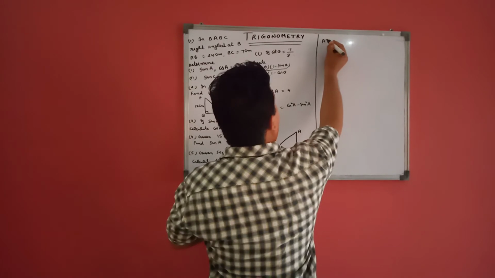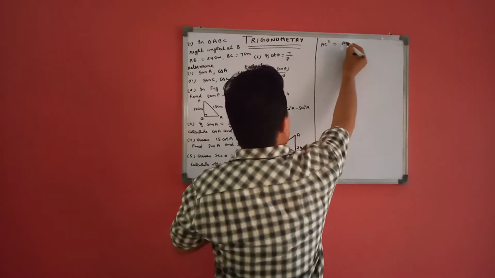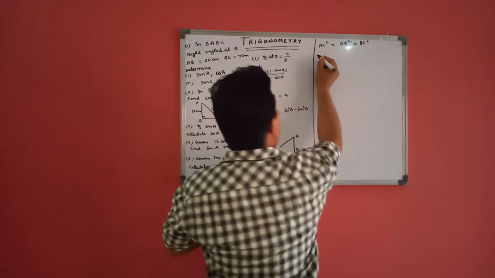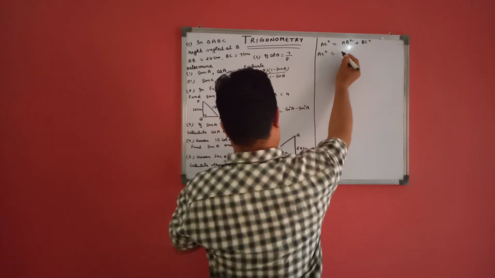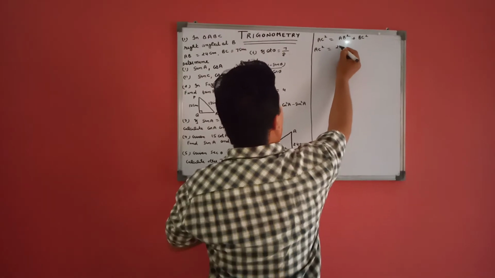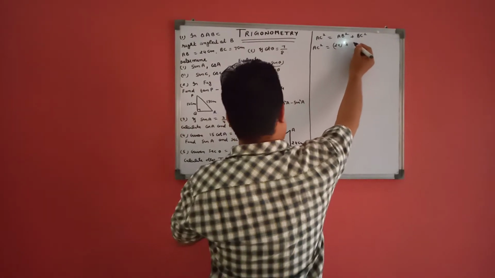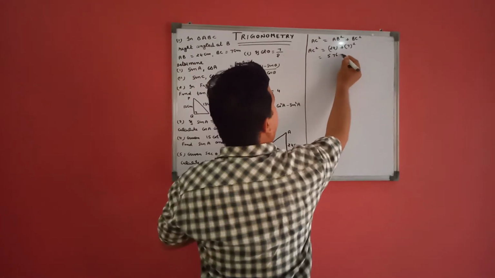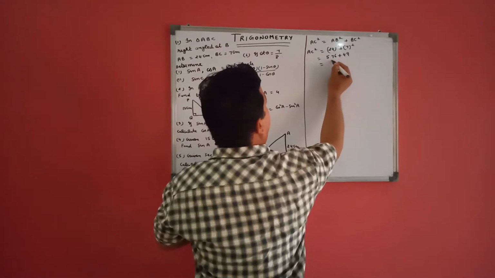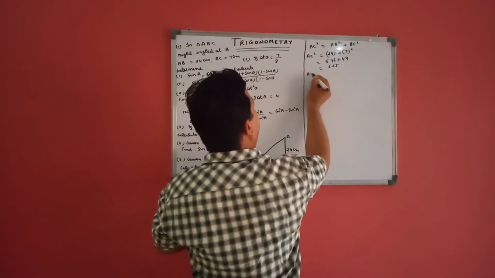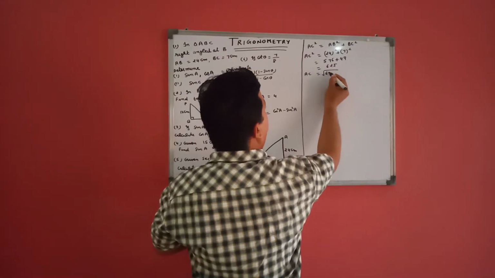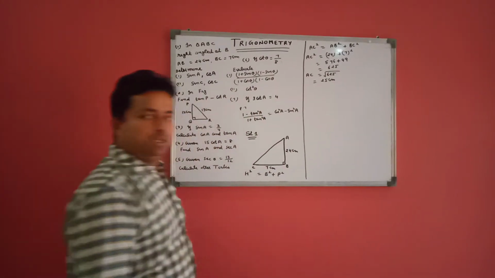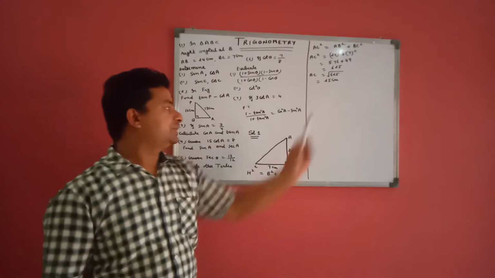H is the hypotenuse, so AC square equals AB square plus BC square. AC square equals 24 whole square plus 7 whole square, which is 576 plus 49 equal to 625. Then AC is the square root of 625, which is 25 centimeters.